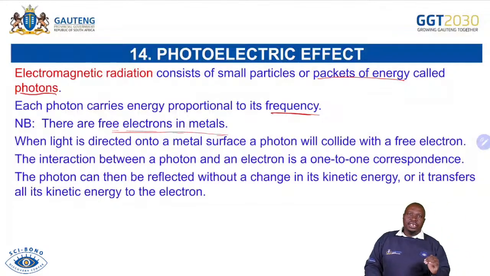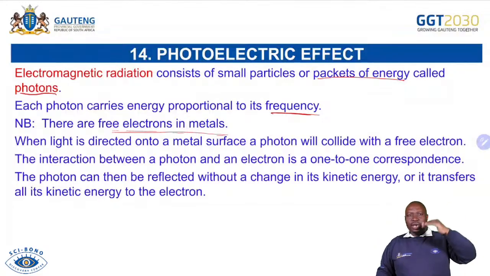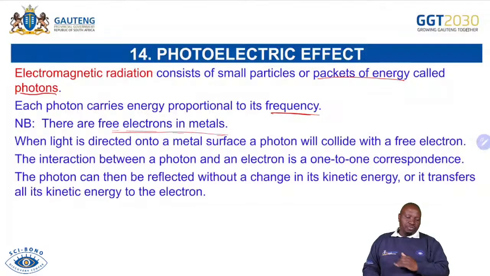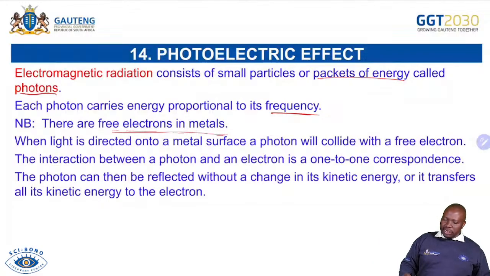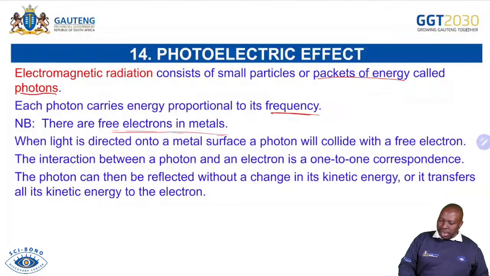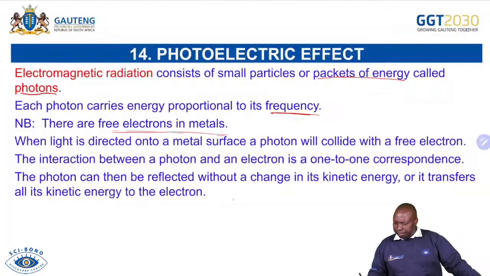They move from a lower energy level to a higher energy level. And if the energy is equal to or greater than the work function, the electrons will be removed from the metal surface. The other energy will be converted to kinetic energy.